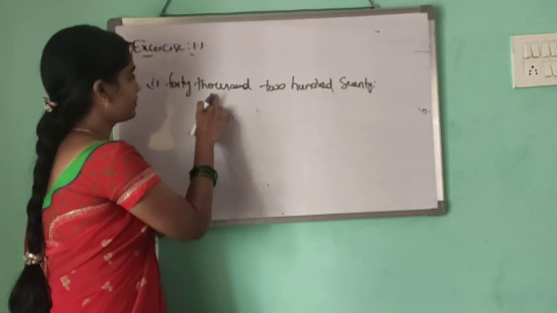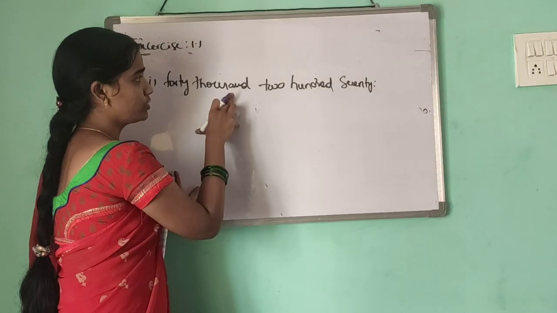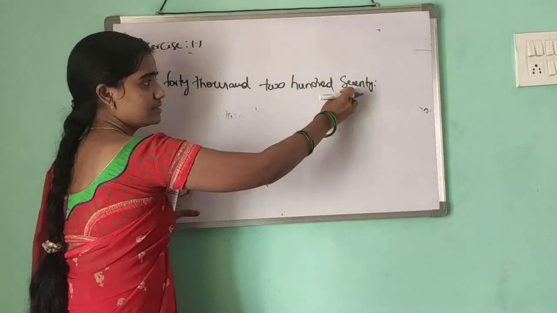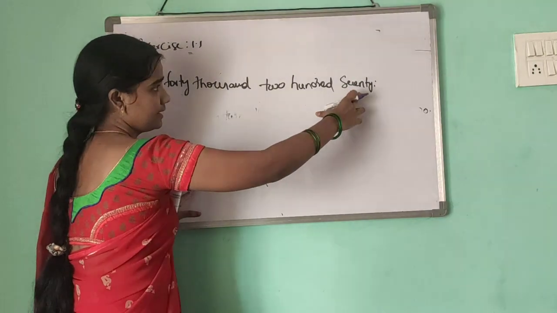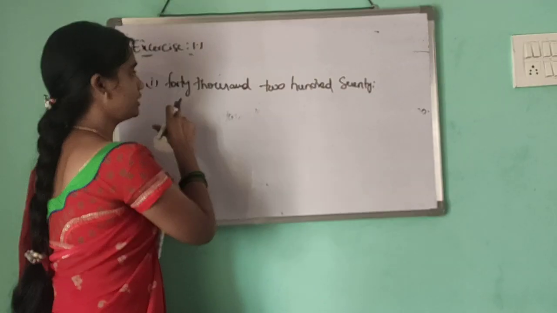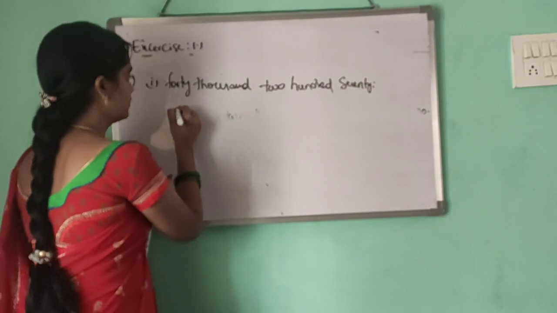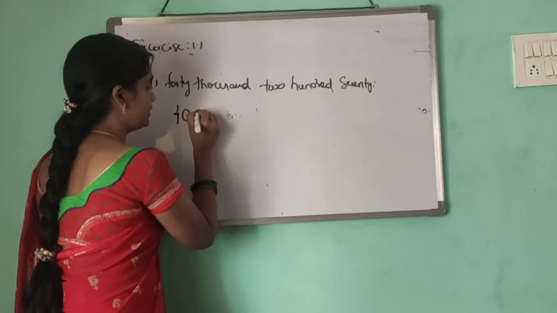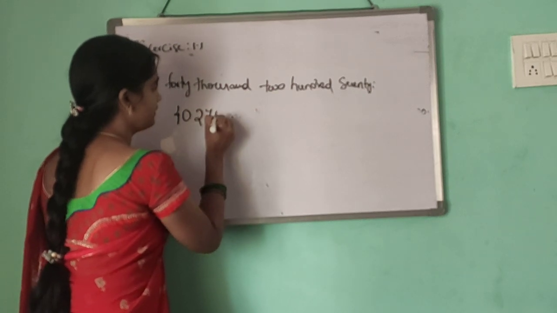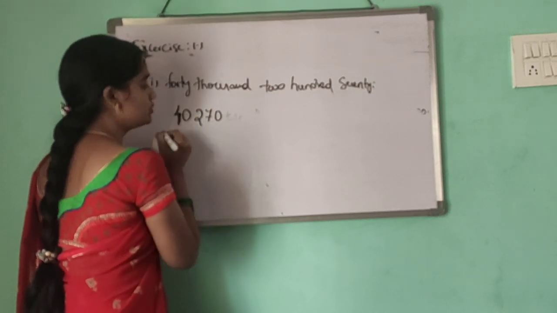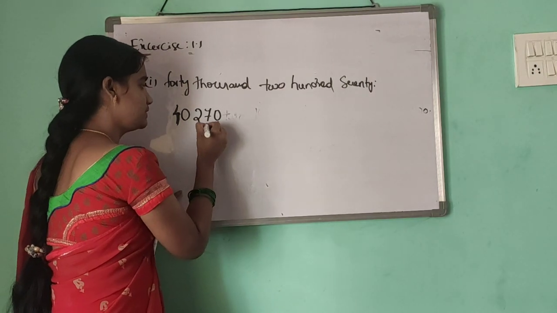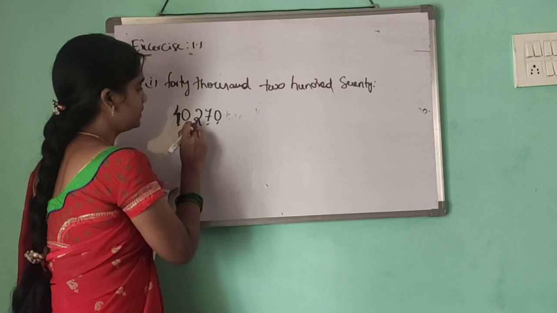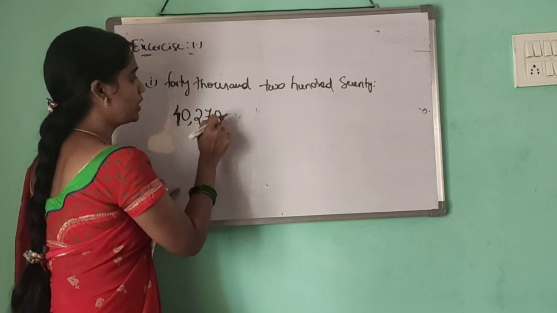Here observe. 70 means tens, 100, 1000. 40 means 40,000. 270 means 270. So 40,270. That means ones, tens, 100, 1000, 10,000. See, put the comma here: 40,270.